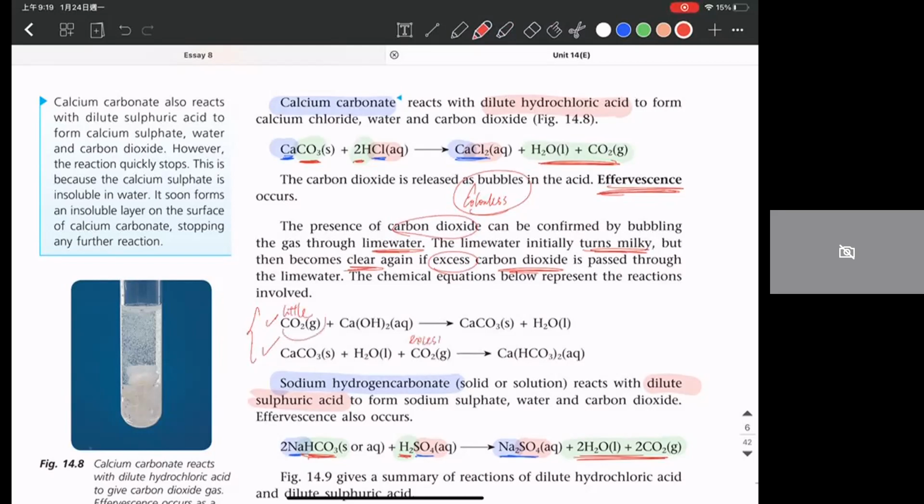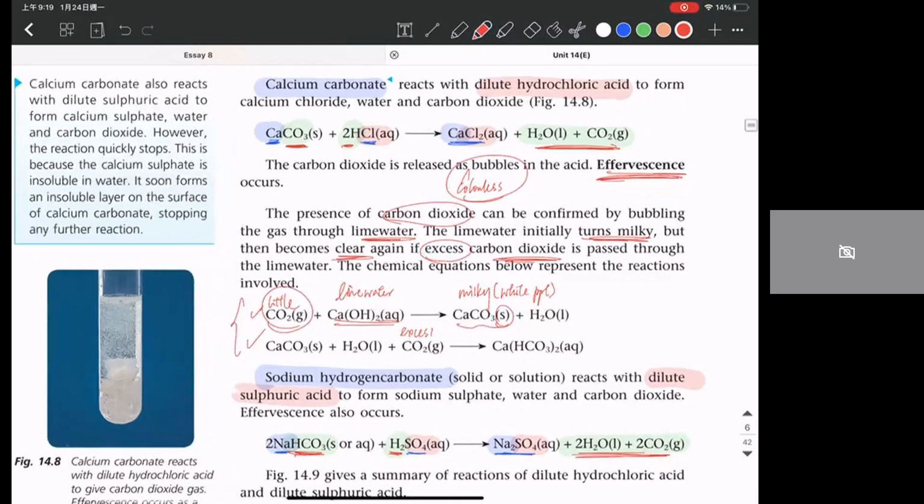If a little CO2 reacts with lime water, which is calcium hydroxide, they will form calcium carbonate and water. Because calcium carbonate is water insoluble, it forms a white precipitate, so you will see a milky solution.